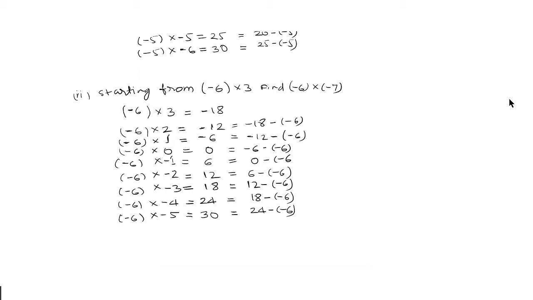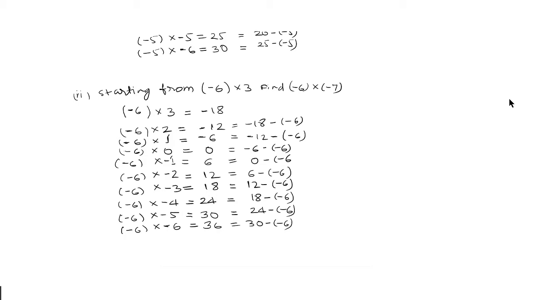Then minus 6 multiplied by minus 6. So we have to add 6 here. We get 36. That is 30 minus minus 6.